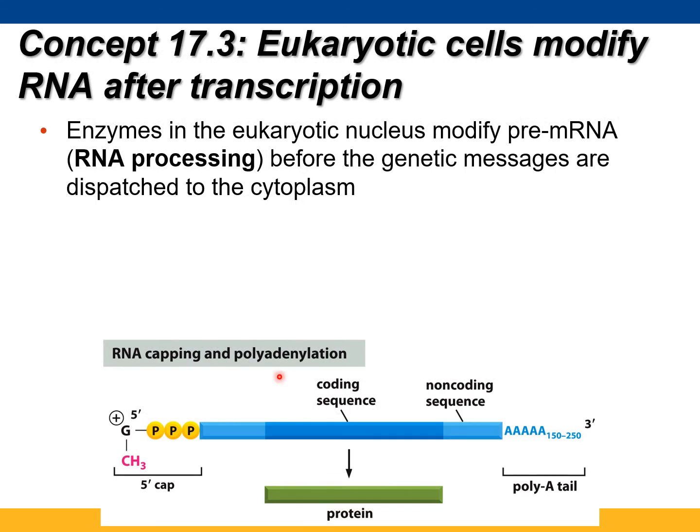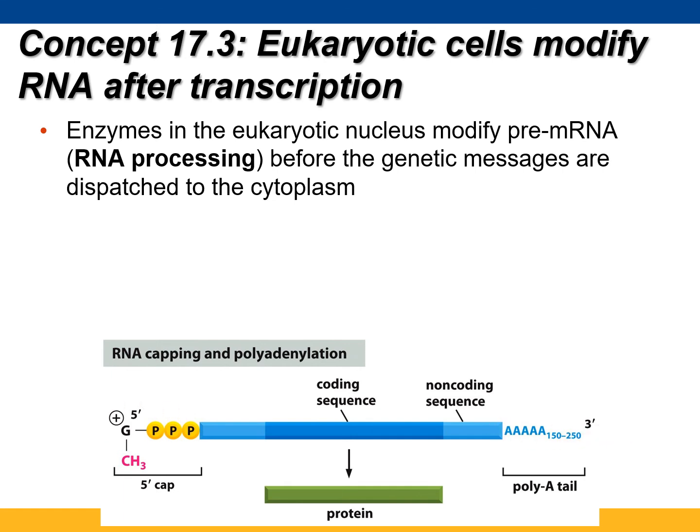In eukaryotic cells, we are going to process this mRNA. And that includes adding a cap at the 5' end. Okay, it's a G nucleotide that's methylated and some phosphates. It's a 5' cap. Remember that polyadenylation sequence? Well, that polyadenylation sequence is not encoded in the DNA. There's a sequence there, and what happens is the RNA polymerase will go about 10 to 35, and then another enzyme will add poly-A's, multiple A's, anywhere from 150 to 250 A's on the 3' end.